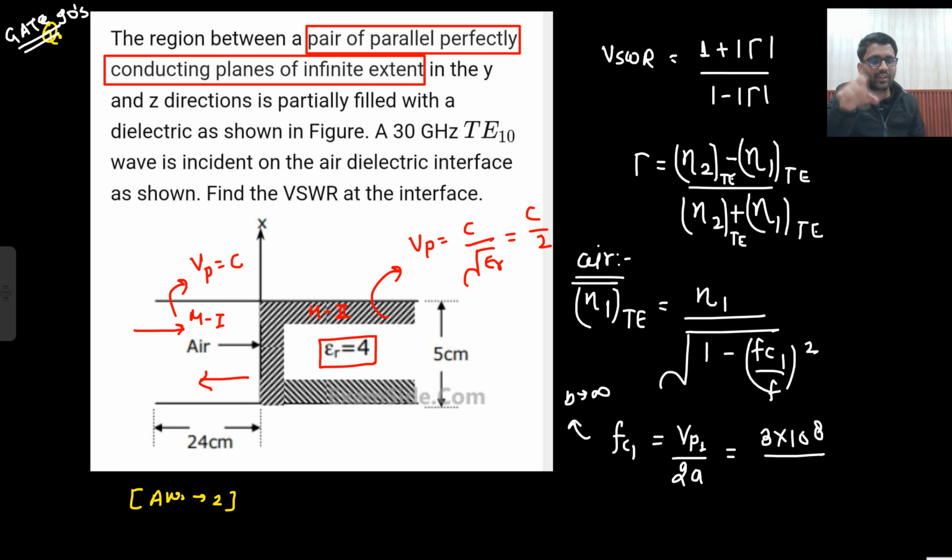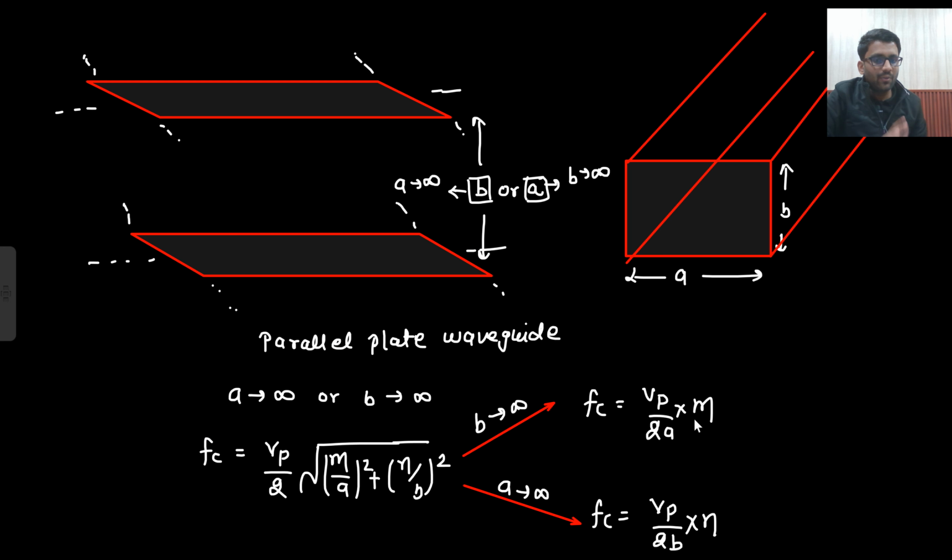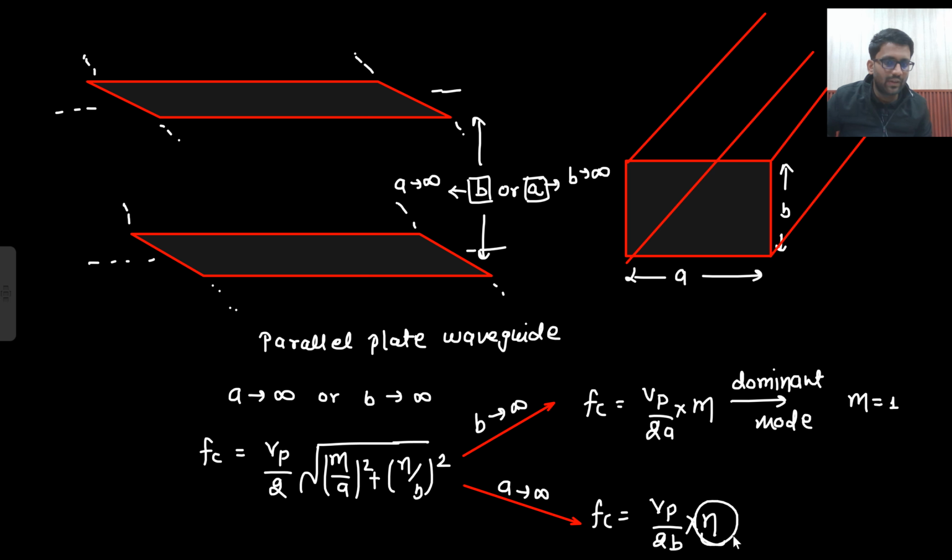So for the dominant mode, what value do you need to put? The dominant mode will be there for M equals to 1, right? Because if you put M equals to 1, then the lowest cutoff frequency will be there. And if you put N equals to 1, then the lowest cutoff frequency will be there.